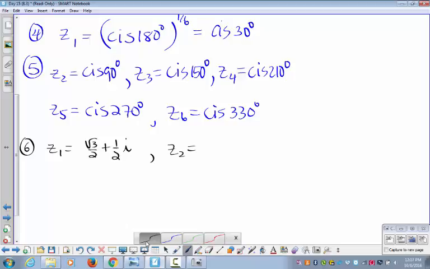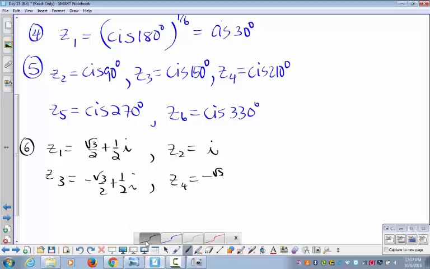Z2, we're at 90 degrees. So 90 degrees, cosine of 90 is 0. Sine of 90 is 1, so that's just I. Z3, we're over at 150. 150 is minus root 3 over 2 plus 1/2 I. Z4, we're at 210.